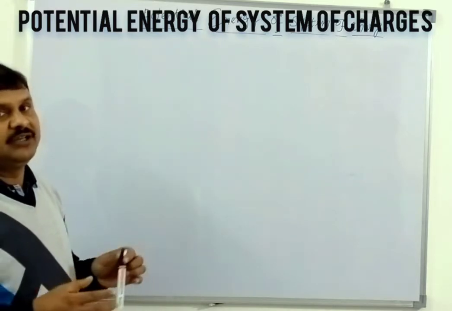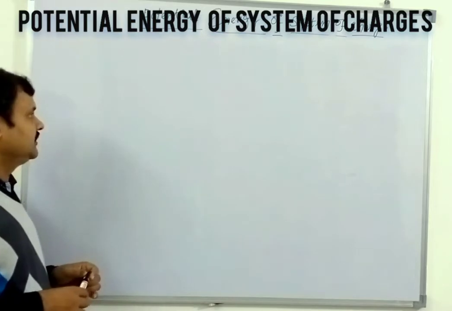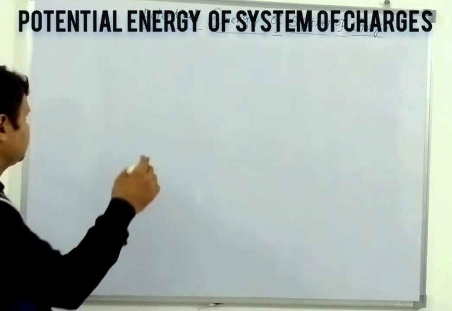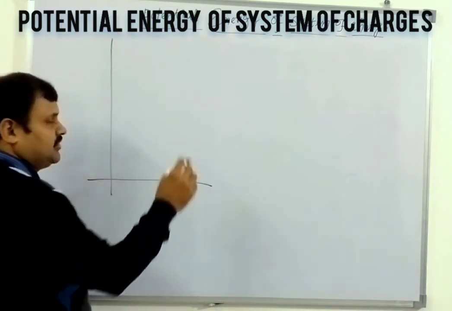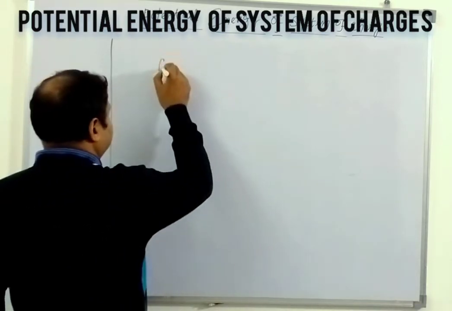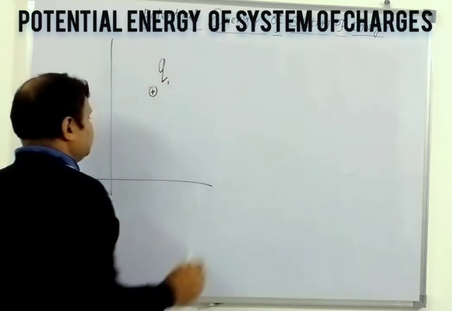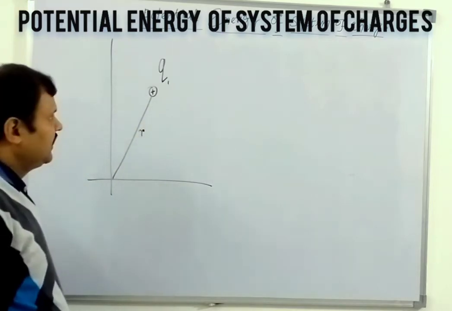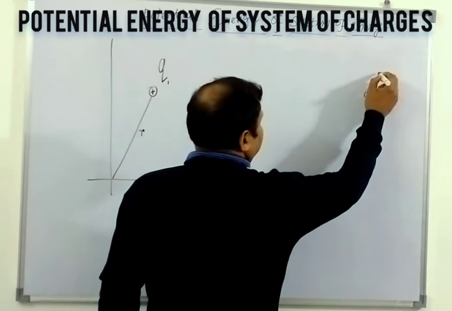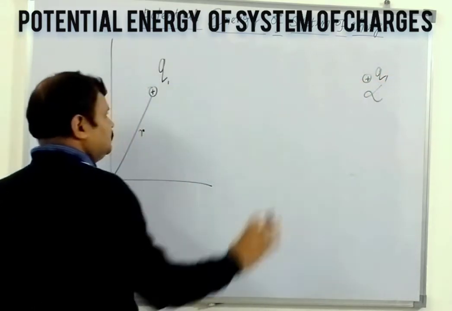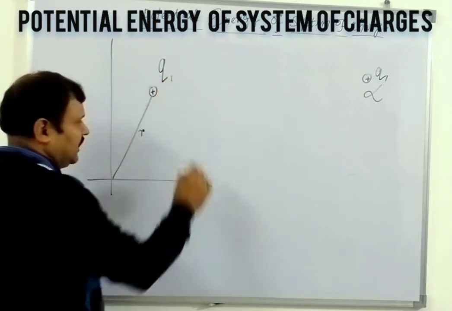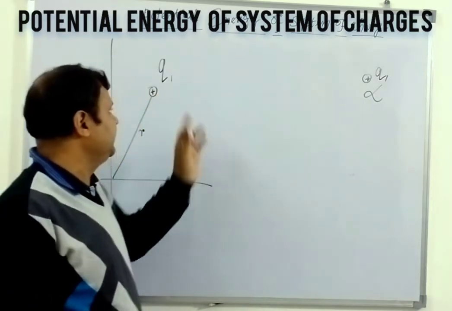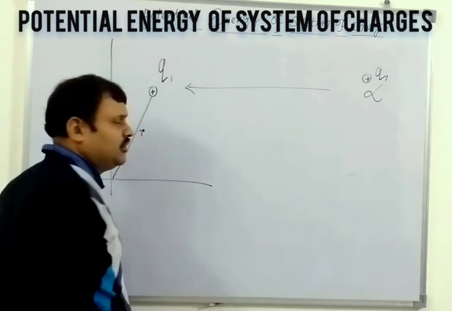So you see, suppose initially we consider the two charge system configuration, where the first charge we will take from infinity to a particular point. Suppose some q1 charge is brought from infinity to some point at a distance r, a positive point charge. Earlier there was no field, so to bring this q1 charge from infinity to here, we did not do any work.